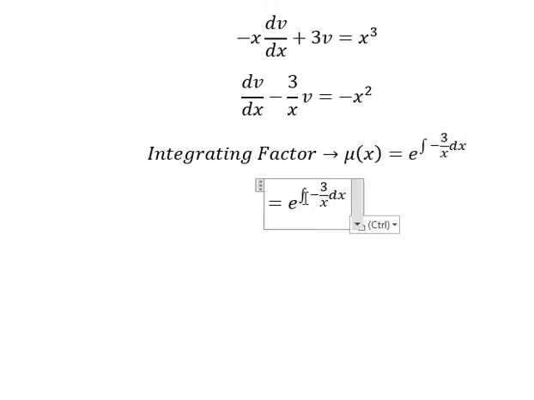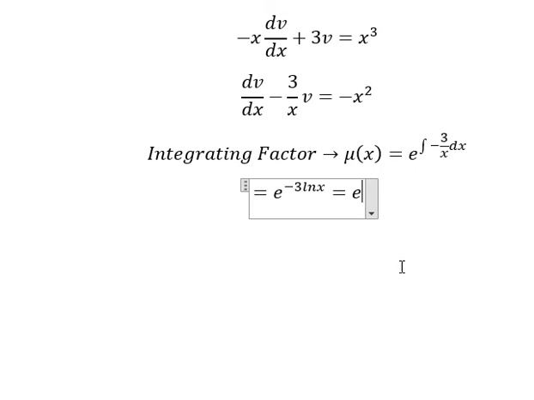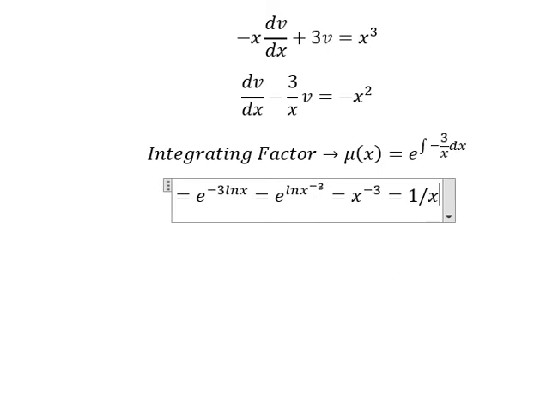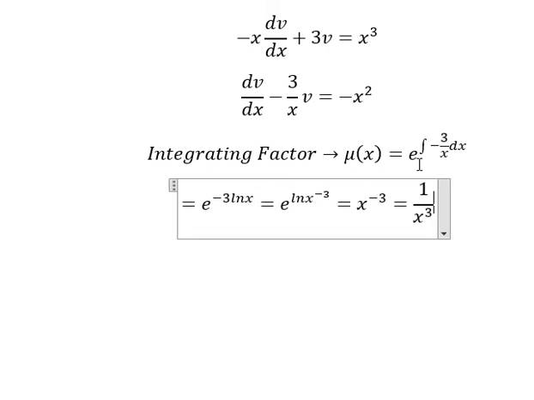So the integration of negative 3 over x gives us negative 3 ln x. Later, we put the negative 3 inside the natural log in here. So this one we have x to the power of negative 3, and this equals 1 over x to the power of 3.